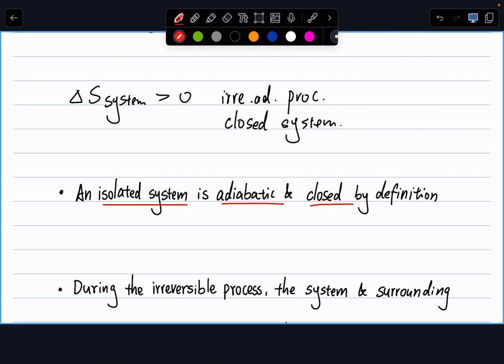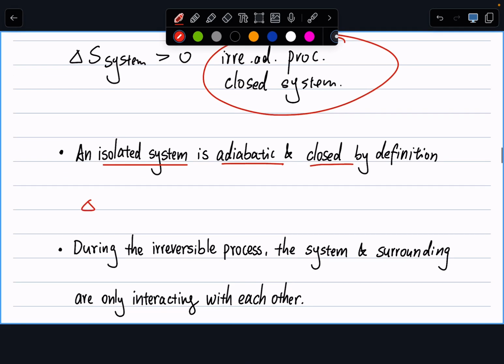So an isolated system is by definition closed and adiabatic. Or we can simplify this criteria to say the delta S of an isolated system is always larger than 0 for irreversible processes.